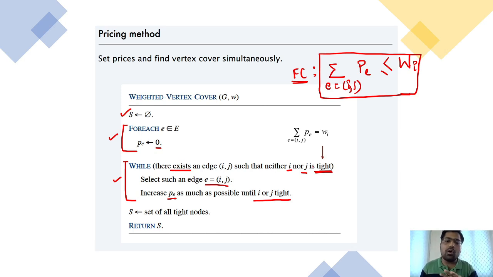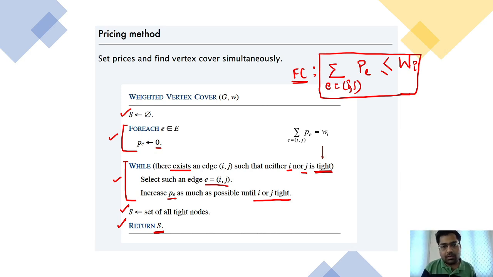Once we found that all the edges have been found, or all the vertices we found out as tight, then we stopped and terminated. Then what we did is, all the tight nodes, the vertex cover which we found indirectly, we kept in S, and we have to return S. Whenever we return S, this represents the vertex cover for us using the pricing method.